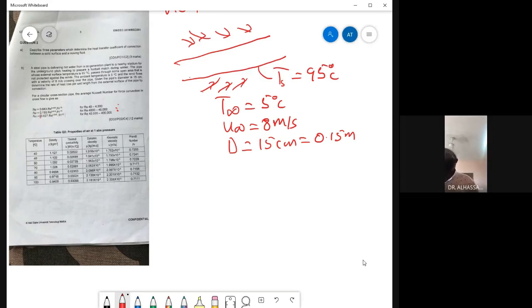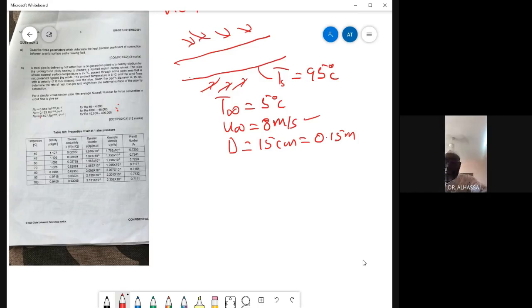Why is it a forced convection? Because the velocity of the fluid is given. For natural convection, the fluid has no velocity. The question which we solved previously, I think question 3, we have already discussed that. That was for natural convection, and this particular question is for a forced convection situation.